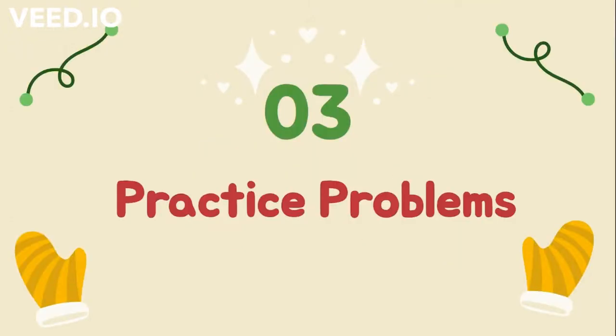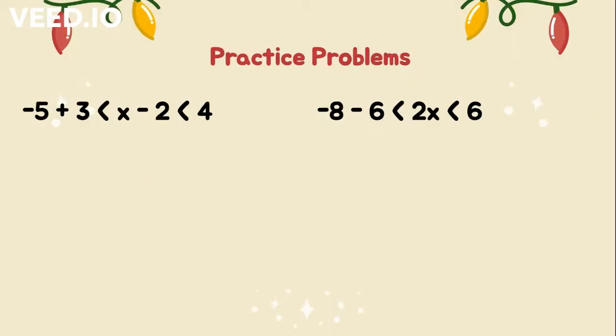Now in Chapter 3, we will be doing practice problems. Here are 2 questions I want you to try on your own. When you finish, unpause the video to check if your process and your final answer is correct. So now I will be solving the first question. -5 + 3 < x - 2 < 4. We're going to be simplifying everything we can before we isolate the variable. In this case, you can simplify -5 + 3.